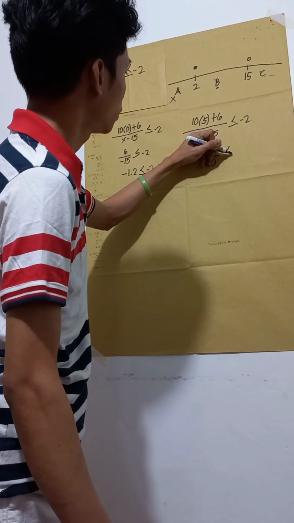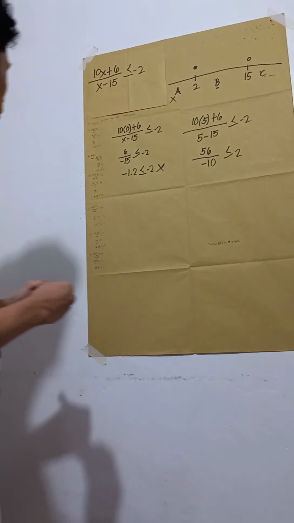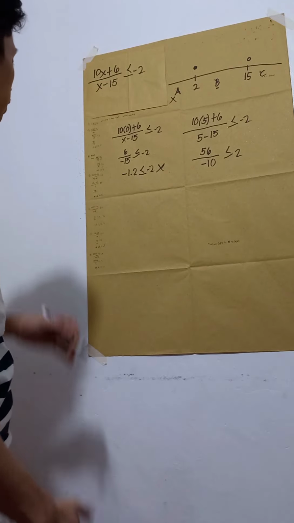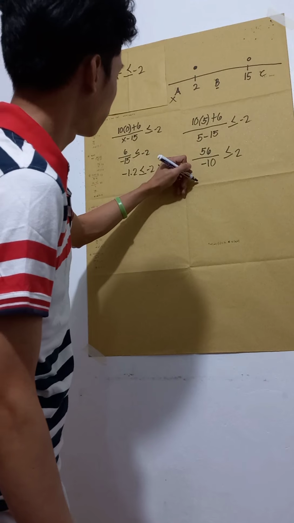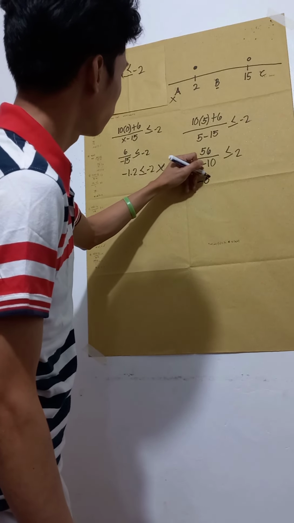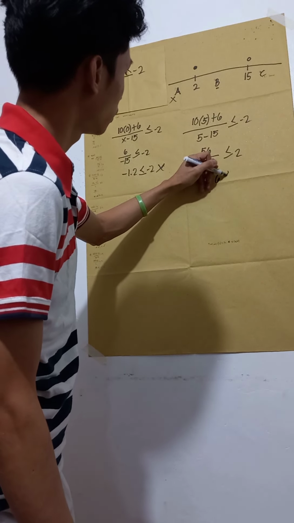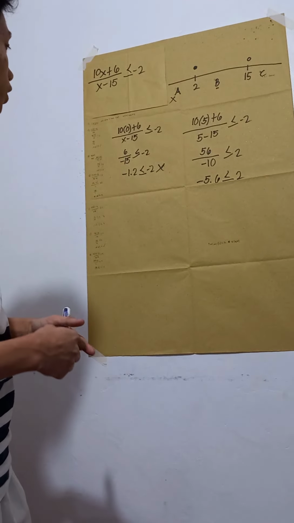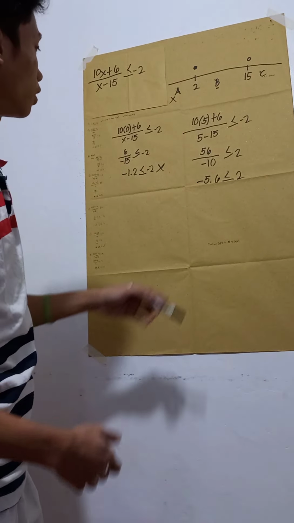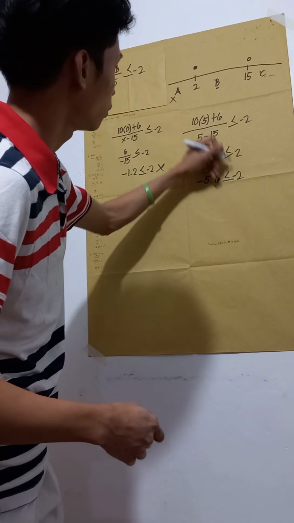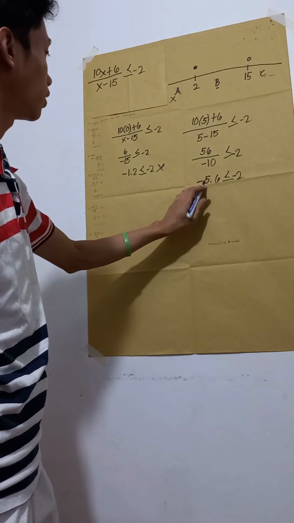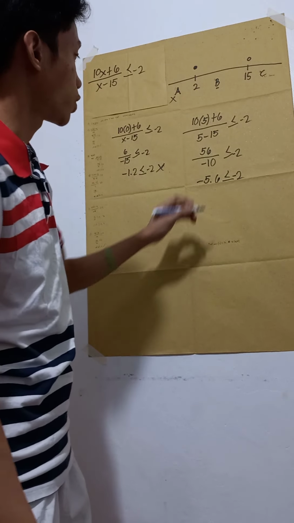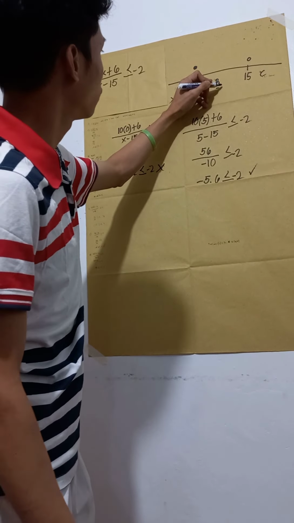Now we're going to divide. 56 divided by negative 10 is negative 5.6, less than or equal to negative 2. Since negative 5.6 is lower than negative 2, the B interval is a solution.